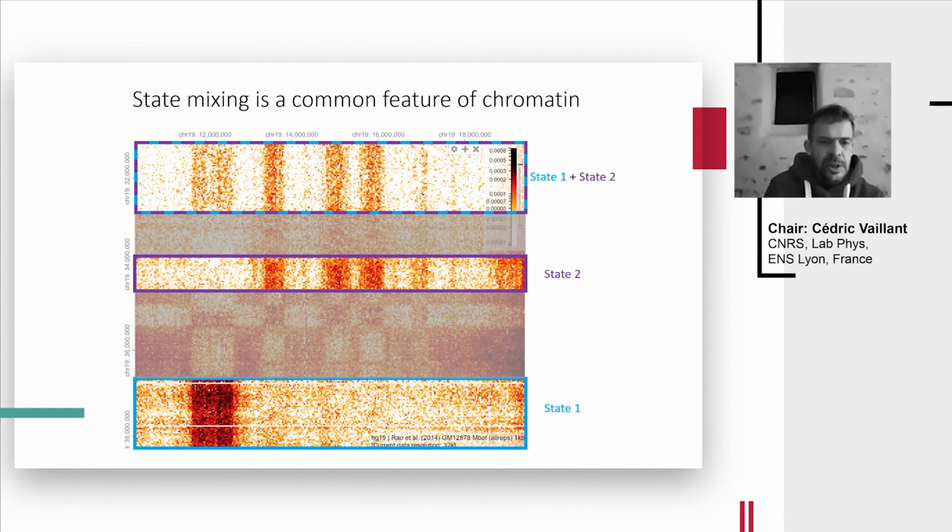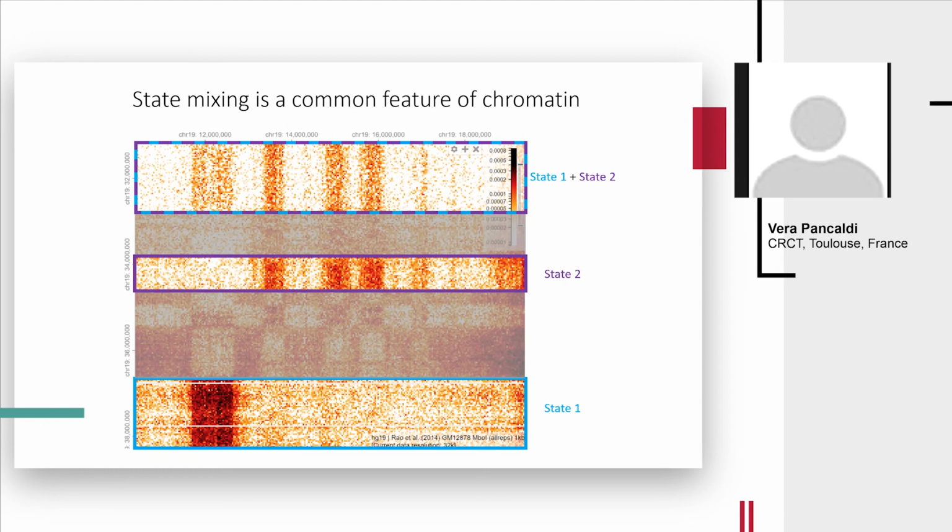Maybe last question from Vera. Vera? Yes, hello. So actually, I've seen that other people are asking similar questions. So this is very interesting, and it just brings the question of how this relates to the states that we can define with epigenomic marks. Have you tried looking? So this is the first question.